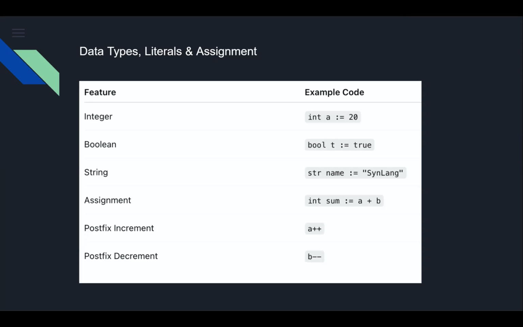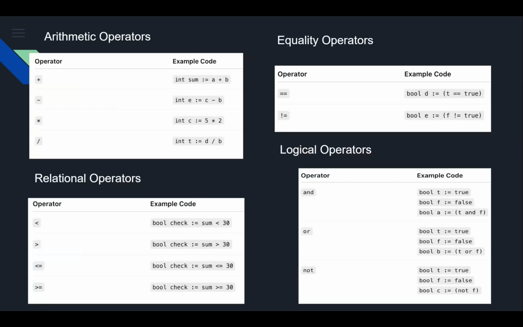Next. So these are the data types which we support, all three primitives, which are int, bool, and string. Assignment can be an expression, and we also support post increment and decrement operators. We have arithmetic operators, which are basically addition, subtraction, etc. And we have relational operators, which are less than, greater than, and equality operators, equal to and not equal to, which check logical state or matching values.